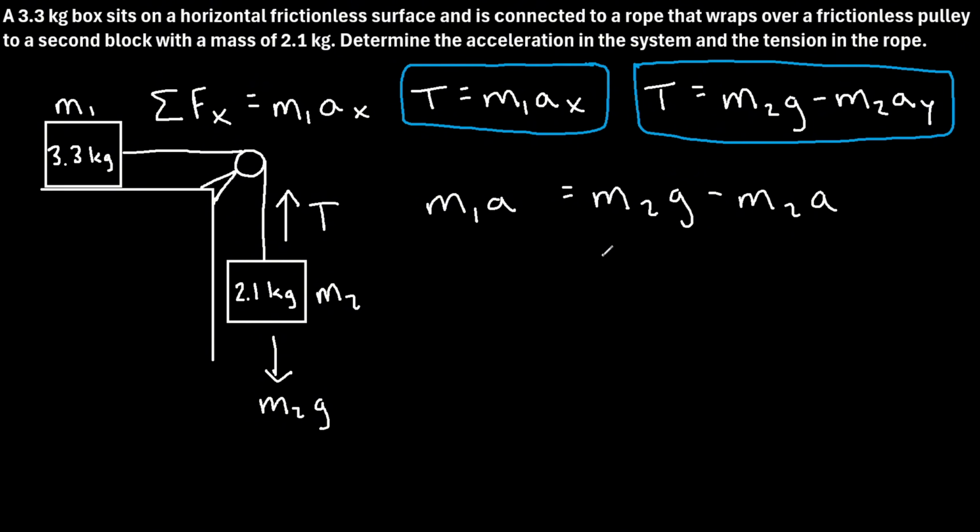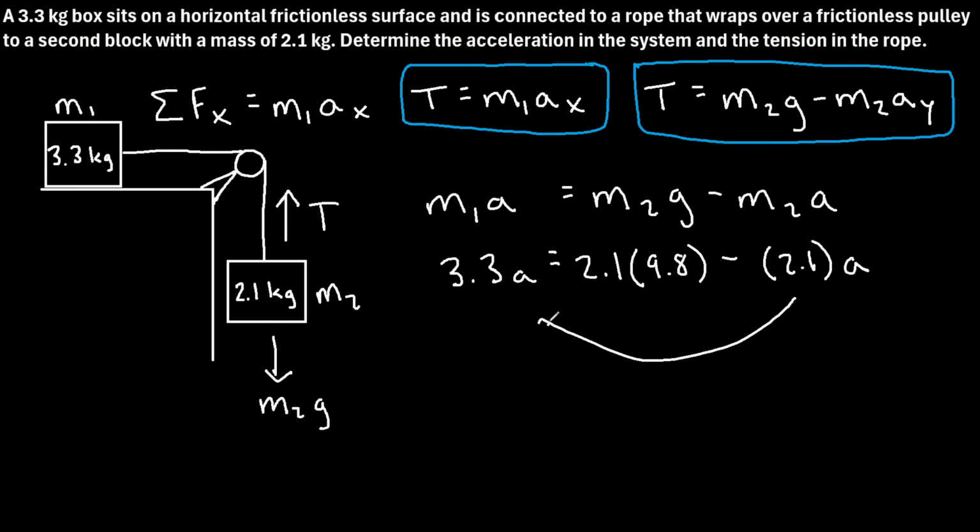Okay, so now we know all of these values except for a, so we're going to solve for a. m1, the first mass, is 3.3, so we get 3.3a is equal to m2, that's 2.1, times gravity. The magnitude of gravity is 9.8. And then we have minus m2, so 2.1 times a. If we move this 2.1a to the left-hand side, we'll get 5.4a, since we're adding 2.1 and 3.3, is equal to 2.1 times 9.8.